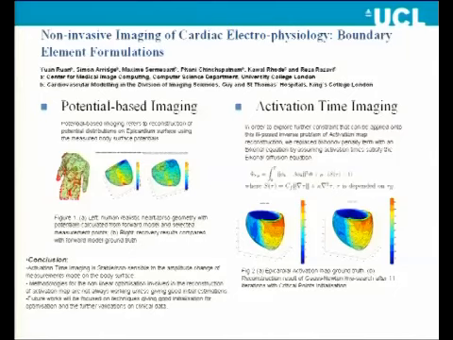And with respect to activation time imaging, we are interested in exploring different constraints compared to a penalty term, and we choose to explore the Eikonal equation constraint, and we use Newton method plus initialization using critical point theorem.